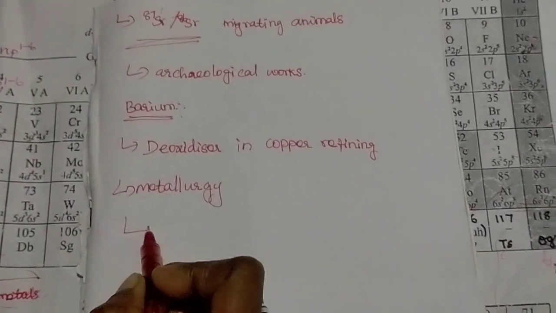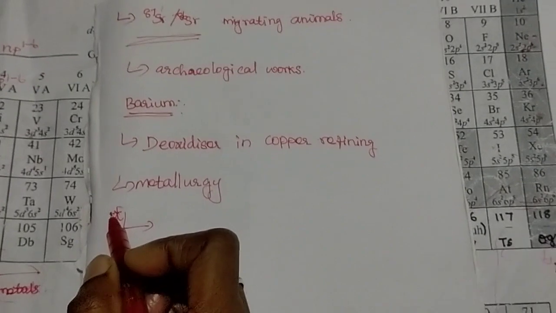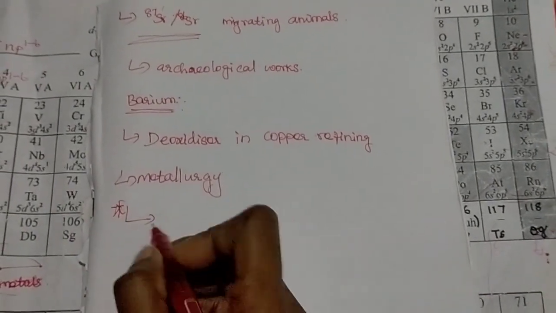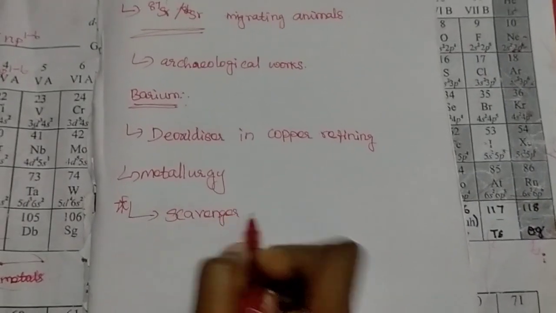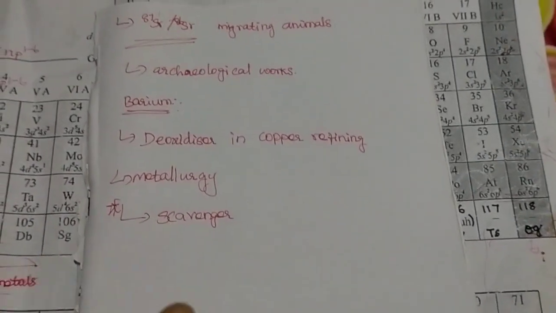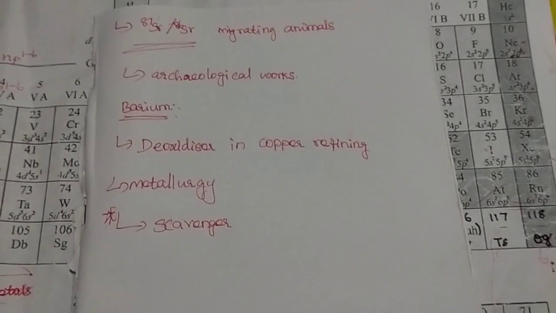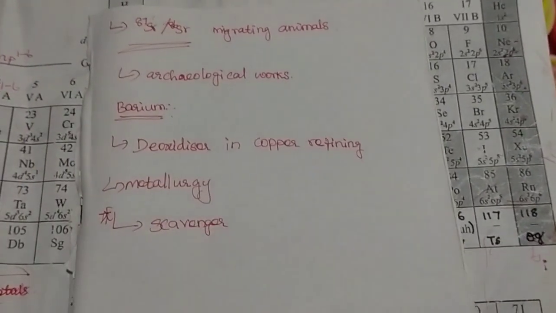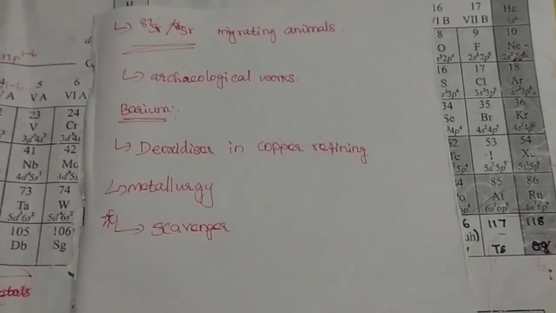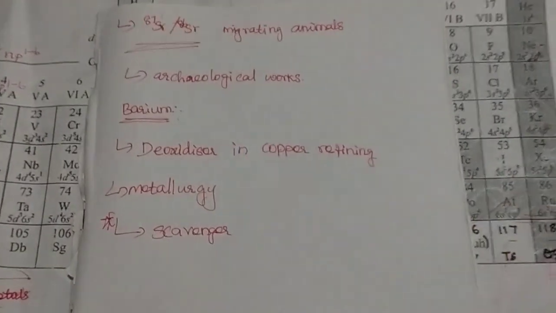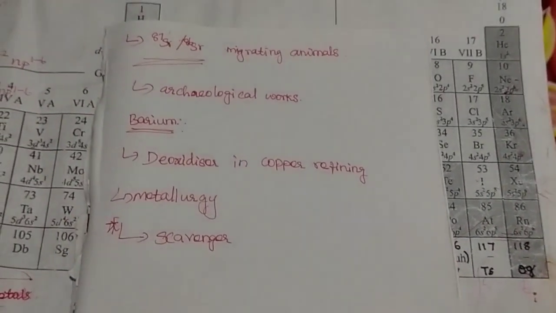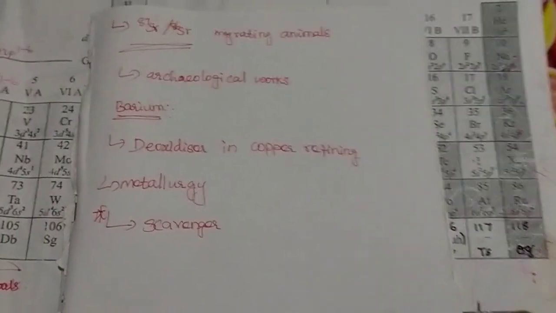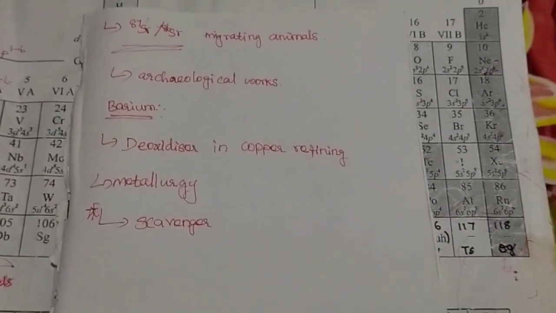One of the important uses of barium is as a scavenger, to remove the last traces of oxygen and other gases in television and other electronic tubes, the electronic materials.